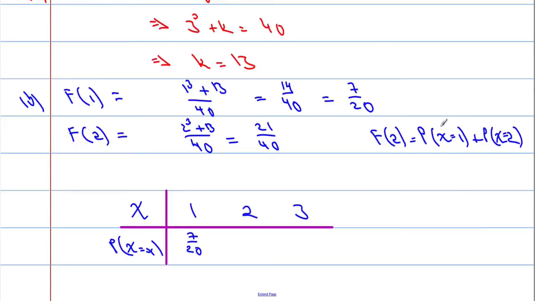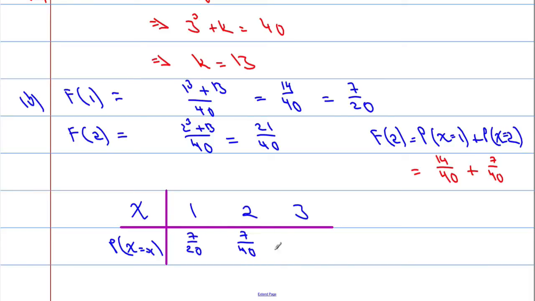Now we know the probability that x equals 1 is 7 over 20, let's write it as 14 over 40, which means that this value, x equals 2, must be 7 over 40. So I'm going to write this as 7 over 40.